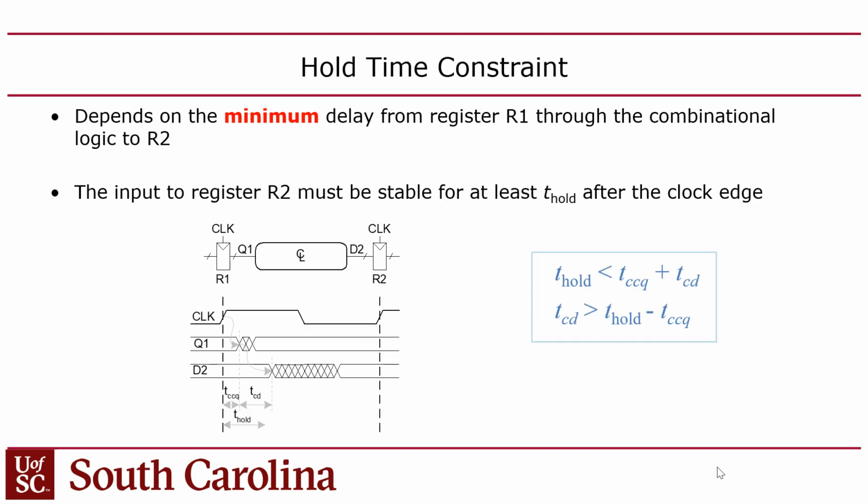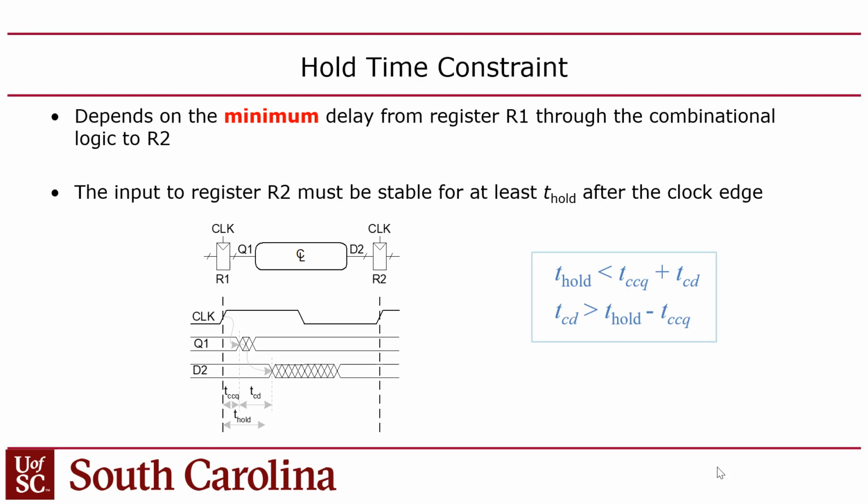Okay, so now there's the hold time constraint as well, where, as I said earlier, you have to make sure the delay isn't too short. And so for that, you have to look at the contamination delay of the circuit, right? There's a contamination delay associated with the flip-flop.